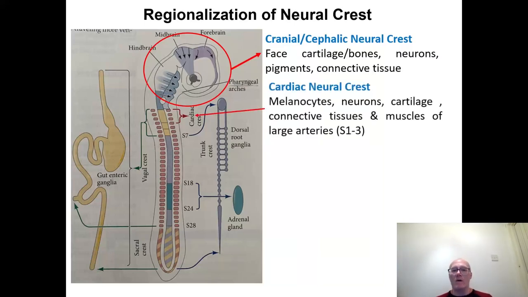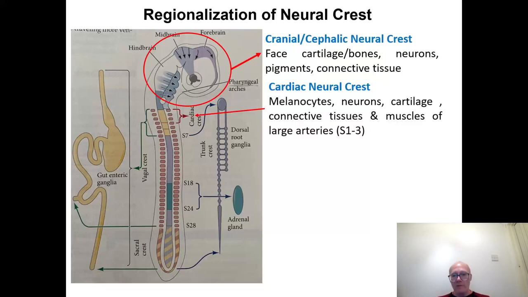A subpart of the cranial cephalic neural crest, found a bit more posterior, is the cardiac neural crest. This cardiac neural crest is responsible for the development of melanocytes. Melanocytes are the cells of the body responsible for the pigmentation.